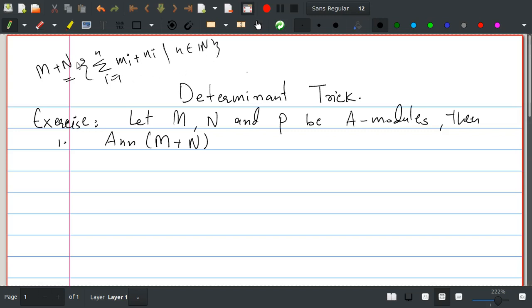That is, this M plus N is actually the set of finite sums of elements of M and N.